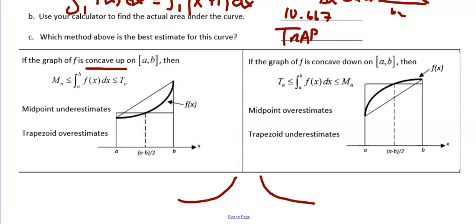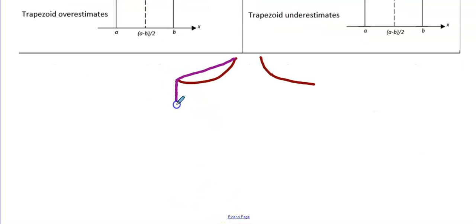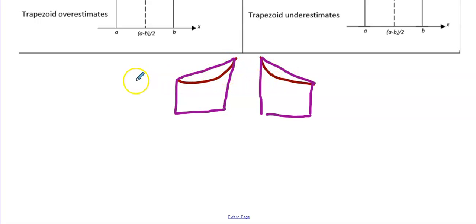What I tell students to do is always connect the endpoints of your figure and create yourself a trapezoid. So for both these examples, I connect my 2 endpoints and create a trapezoid. Notice for concave up, this trapezoid is above the curve. Therefore, I know that the trapezoid will be an overestimate.